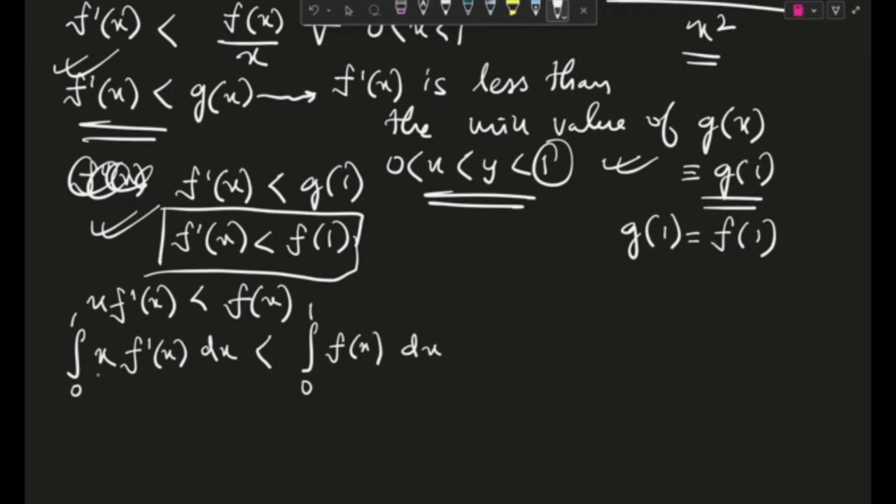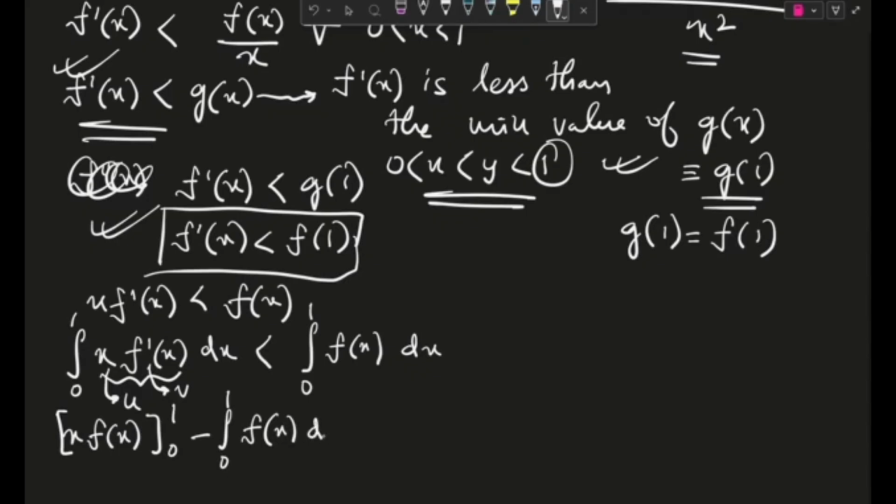So now you can see this is a clear by parts thing. So now we will take u integral v dx. So let's take this thing as v and this thing as u. And now I guess it is pretty simple. So x times f of x from the limits 0 to 1, minus integral 0 to 1 x differentiated 1 and f x dx is less than your integral 0 to 1 f of x dx.